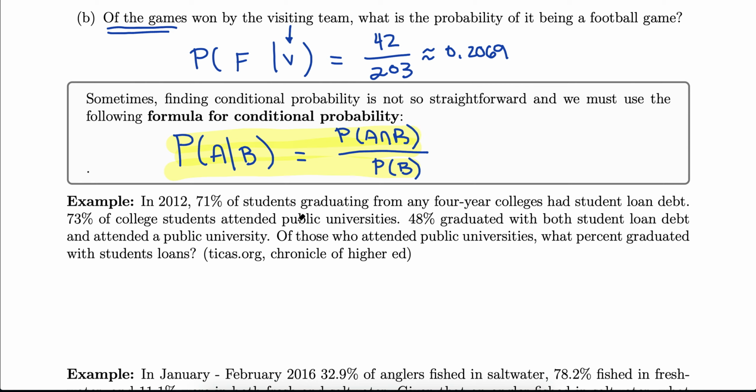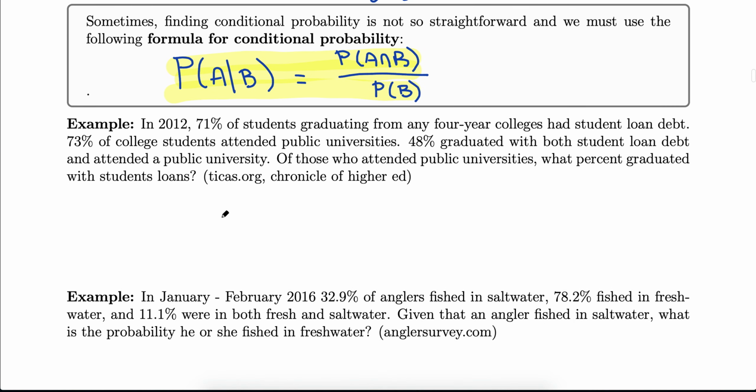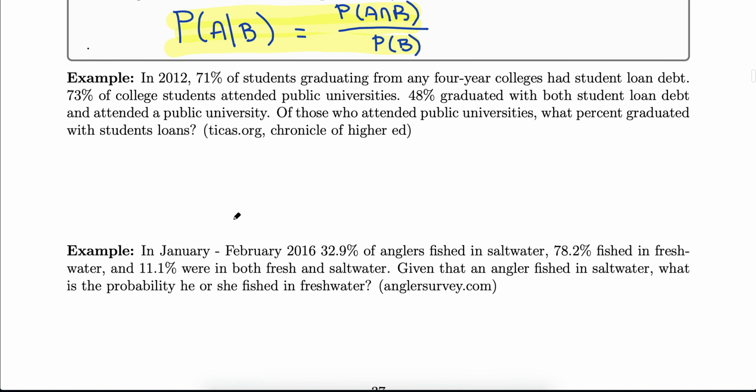So let's check out some examples to apply this, and maybe let's start with a less wordy one down here at the bottom. They tell us 32.9% of anglers fished in salt water. Remember the suggestion: if you have a word problem, translate all the information into probability notation.